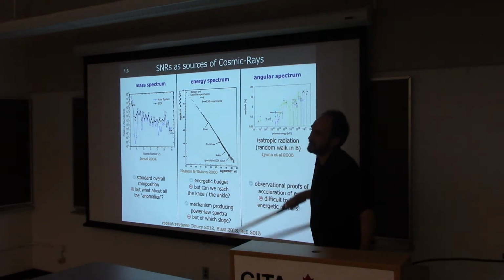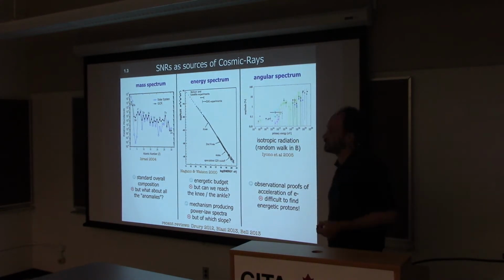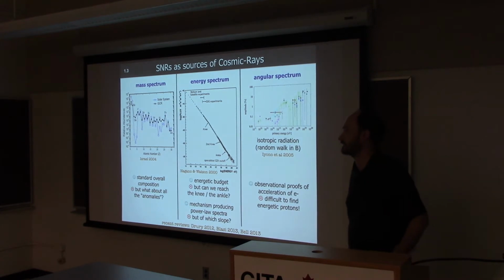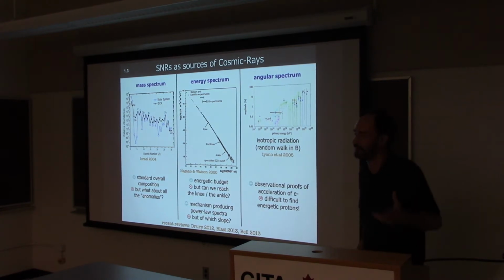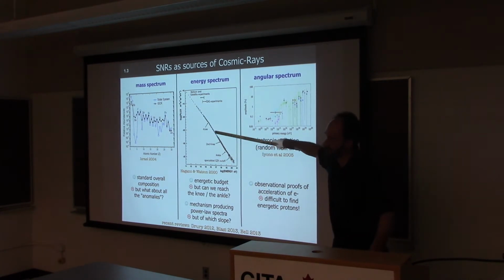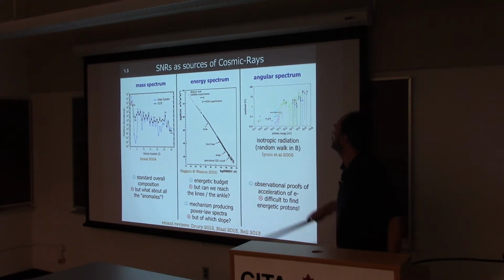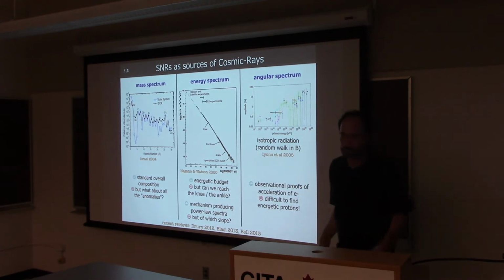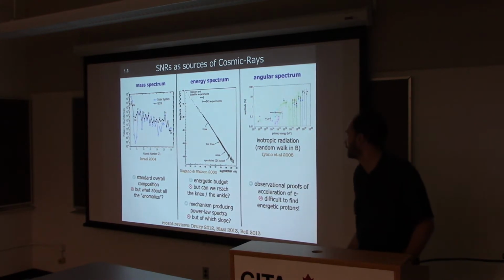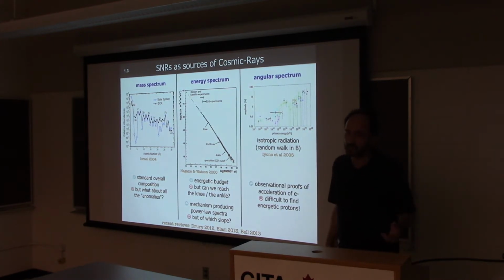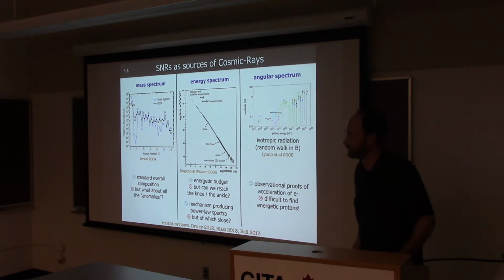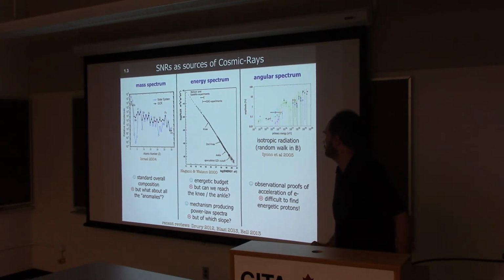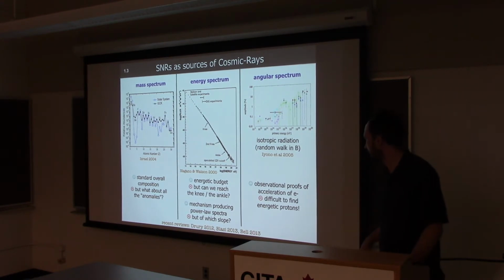At the highest energies, the Larmor radius in the galactic field is larger than the galaxy itself, so these ones are probably extragalactic. But up to at least the knee, maybe more, we are looking for sources in the galaxy. And from the energy budget and other things, we think that supernova remnants are good candidates.